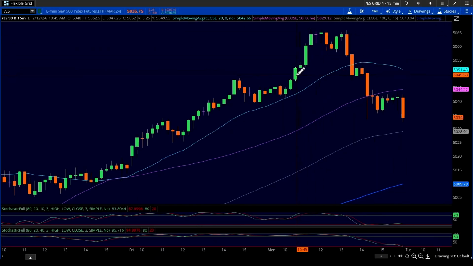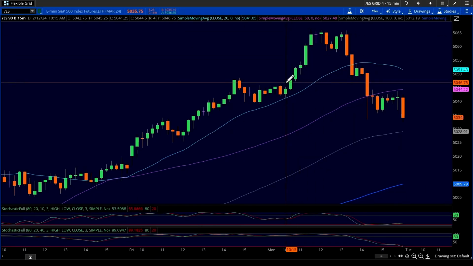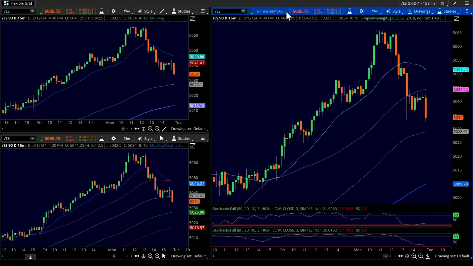Let's expand this to see what's the value. Yeah, 41.05, and the low is 41.25. So it's not quite touching, but it's a point of confidence. It'll just give you another reason to get in, not the reason, but another reason.